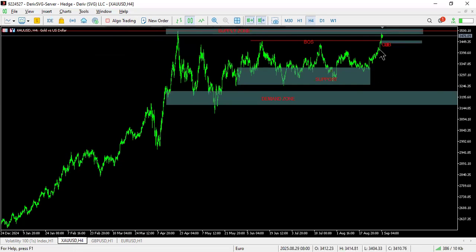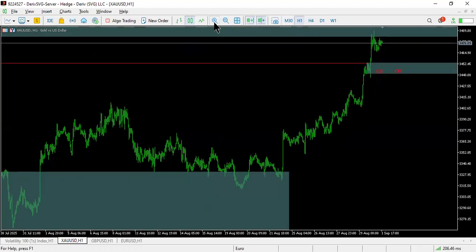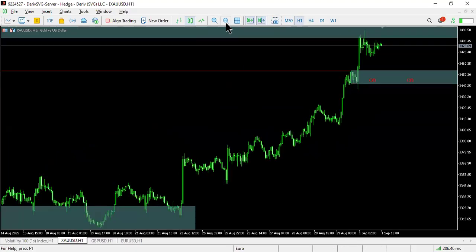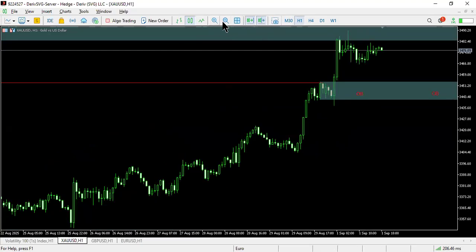So be very careful of gold at that order block, do not place a buy limit because price can just go and tap into that supply zone and then decide to reverse back. So for gold, if you want to place a trade, it has to be a confirmation entry. Wait for confirmation at this order block. Check out for any of the reversal candlesticks that I mentioned. Yes. So for gold, it will be a confirmation entry.